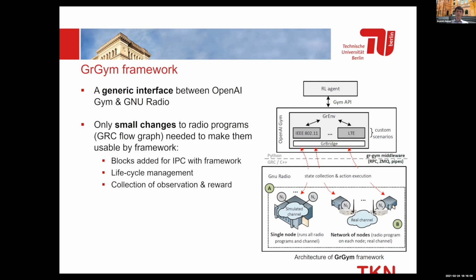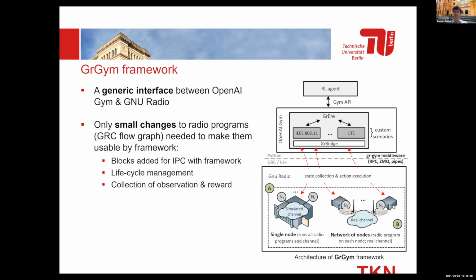And the good news is it's not so much you have to do. So basically, if you assume you have a working radio program written in GNU Radio, basically it's a flow graph, the only thing you have to do is make some slight modifications. You have to add some additional blocks in the graph. I will show it in a moment. Those blocks are needed to connect this GNU Radio to our framework.